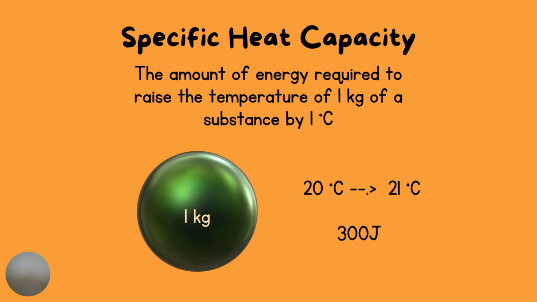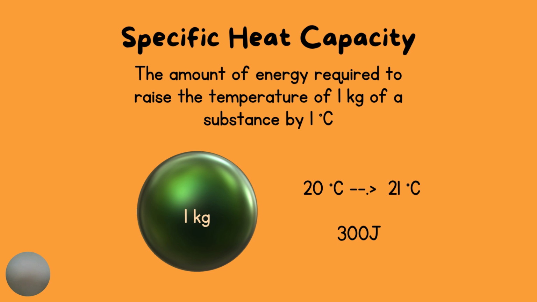Let's say the amount of energy needed is 300 joules. So the 300 joules needed to increase 1 kg of substance by 1 degree Celsius is what we call the specific heat capacity.